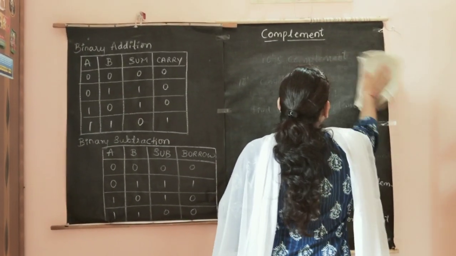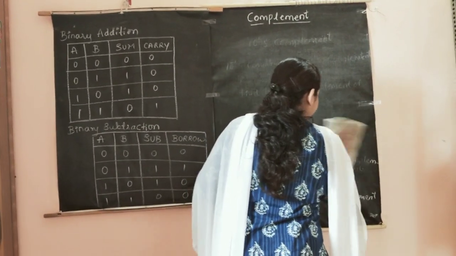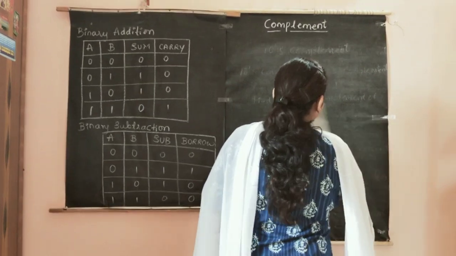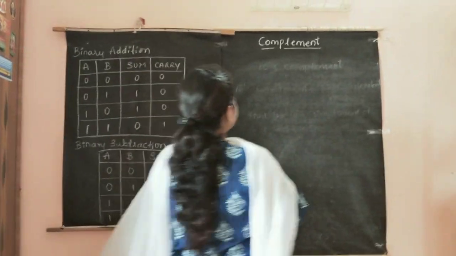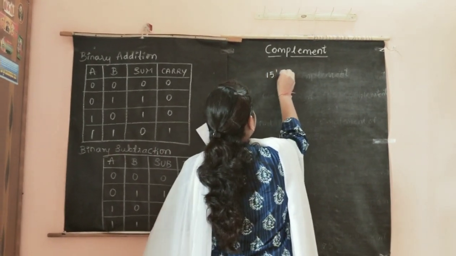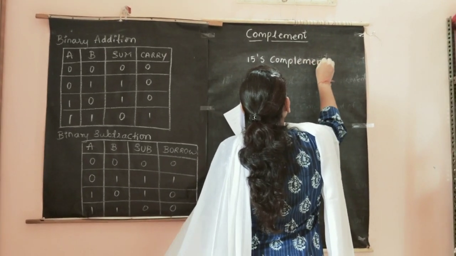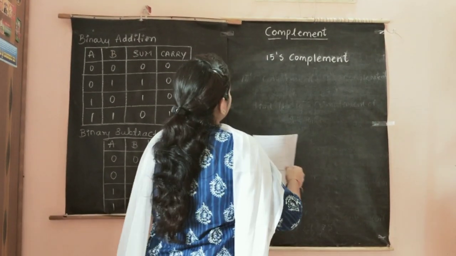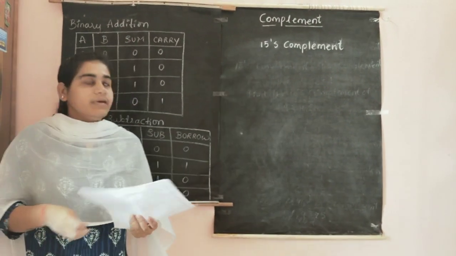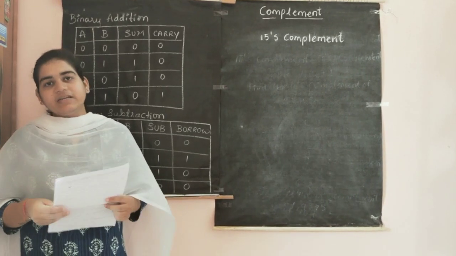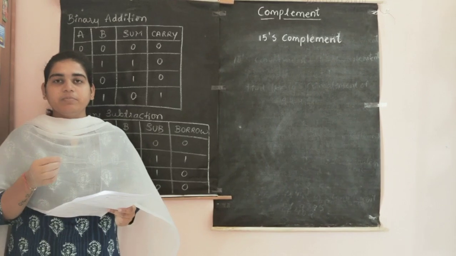In that, again, first we will discuss the diminished radix complement, that is 15's complement. To define the 15's complement, the 15's complement of any given number is the subtraction of each digit of a number from 15.